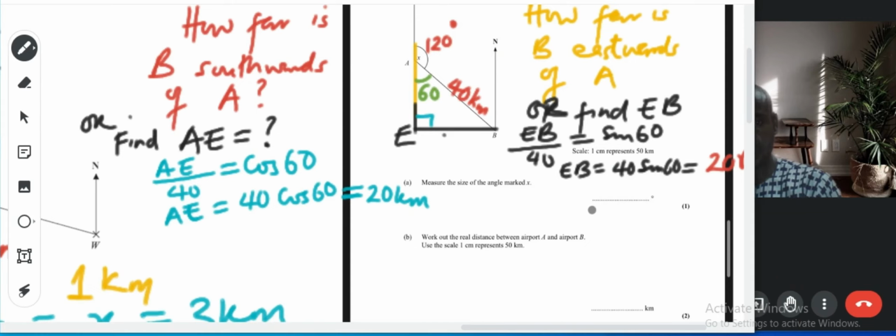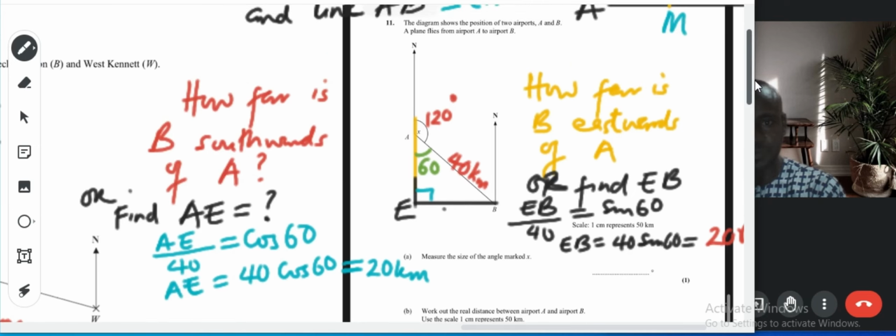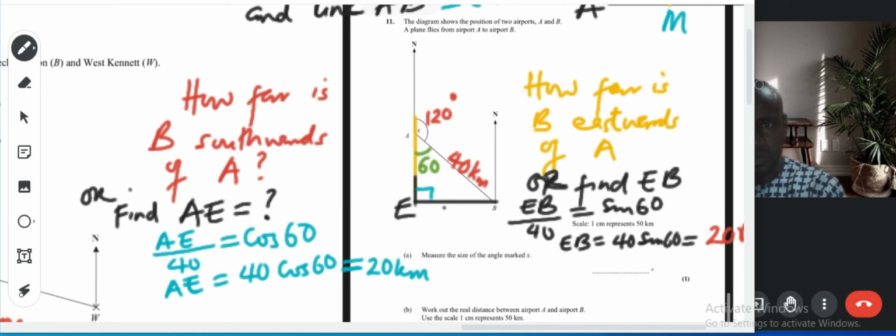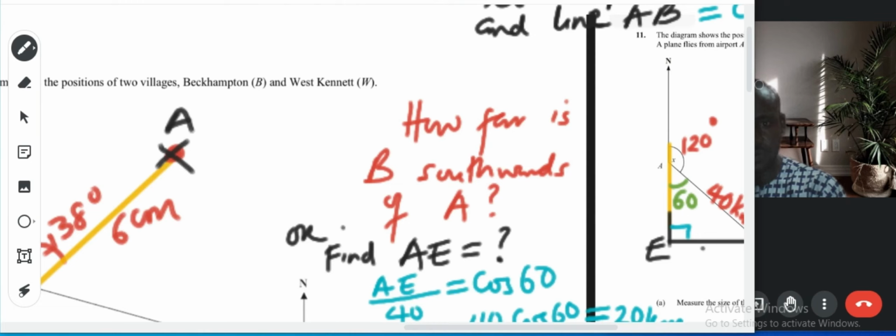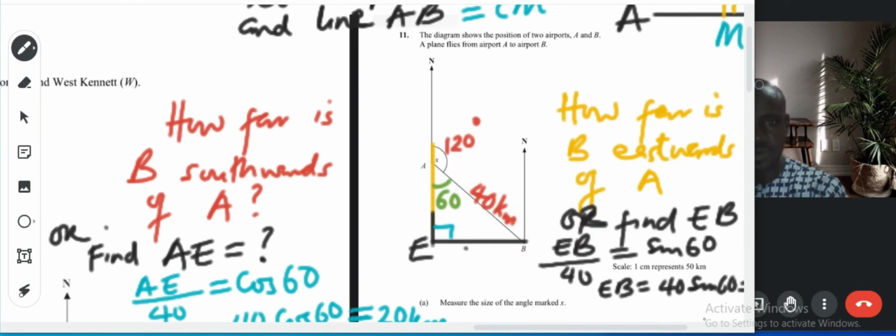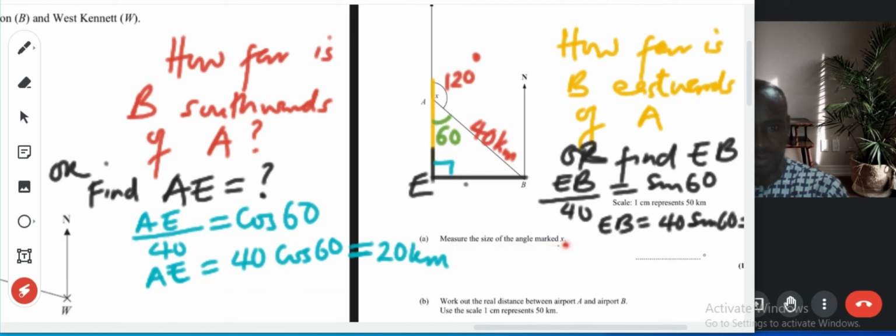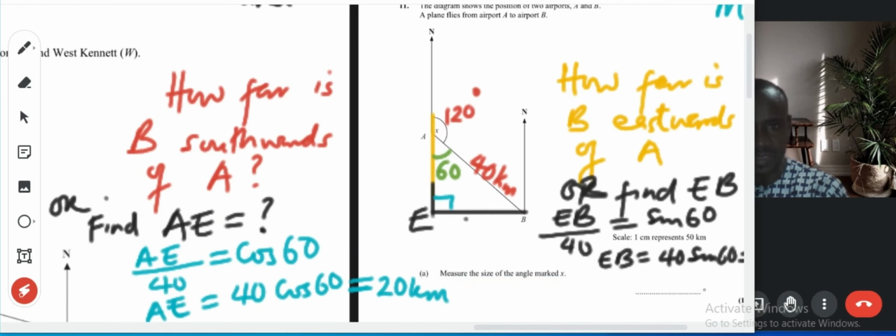So sometimes you might be asked to find something, for instance in this particular question. Let me zoom it in a bit. The diagram shows the position of two airports, A and B. The plane flies from airport A to airport B, and it says measure the size of angle marked X, this angle.